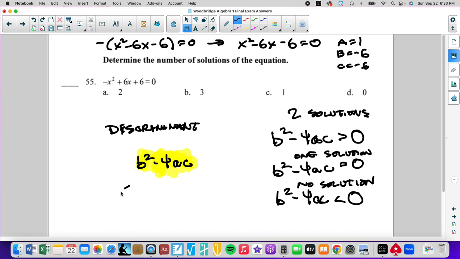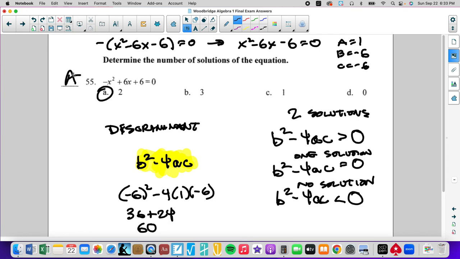So B, -6 squared minus 4 times A times C gives me 36 plus 24, which gives me 60. So that is greater than 0, so I know that I'm going to have two solutions. And we are done. Woo, baby!